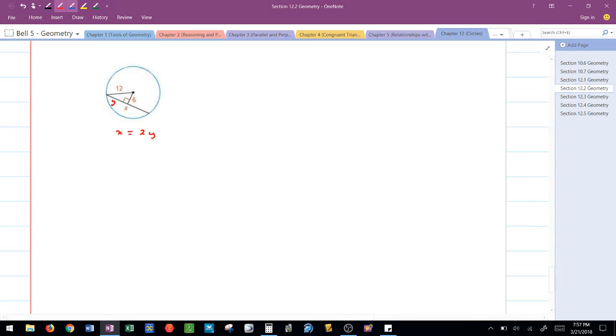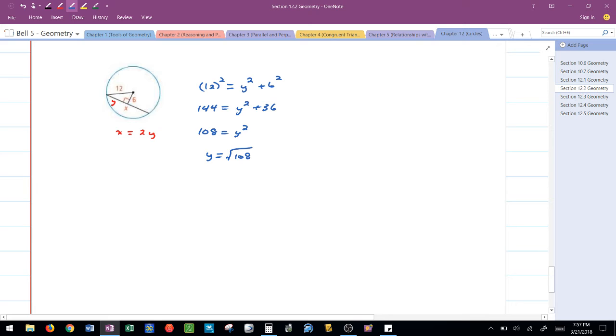All right, so I'm going to use the Pythagorean theorem to first find y. I have 12 squared is equal to y squared plus 6 squared, or 144 is equal to y squared plus 36. All right, so that means that 108 is equal to y squared, or y would be equal to the square root of 108. All right, now that's not what they asked me to find though.